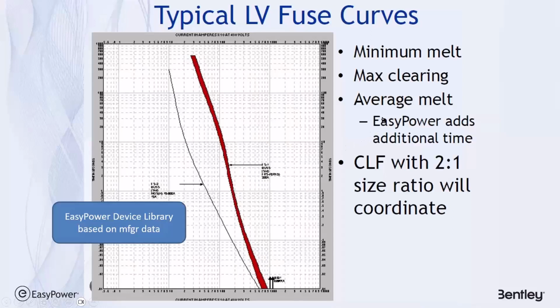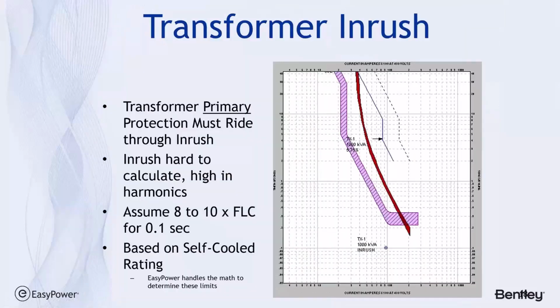So EasyPower, once we're given the average melt, will give you a band that includes the additional time. For current limiting fuses, using a ratio of 2 to 1 as you go upstream in your system will, according to the manufacturer, allow coordination. So it's important to note that the EasyPower device library is based upon manufacturer's data. We don't make up any data that the manufacturer doesn't provide for us.